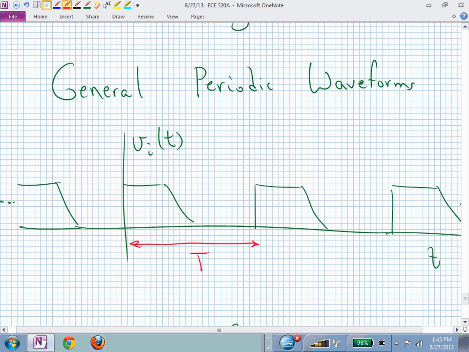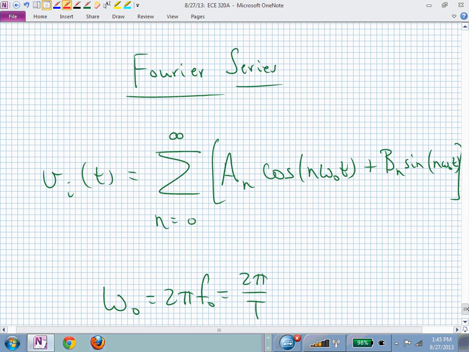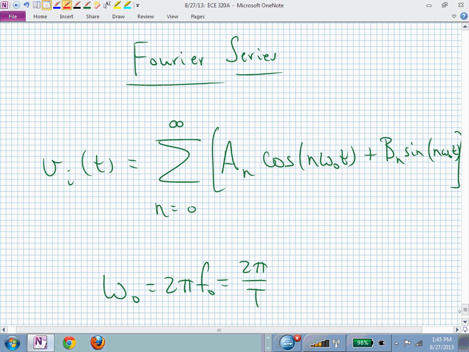Now we know our omega naught, our fundamental frequency. Now that we know our fundamental frequency, we can start finding these coefficients, these capital A sub n's and B sub n's, and now we have all this harmonic content, and somebody gives us a frequency response, they give us a circuit, we can find the frequency response, we can analyze this. That's where we want to end.